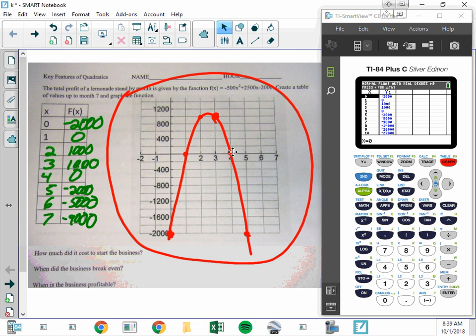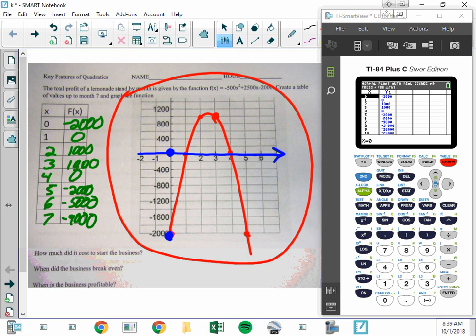Okay. And you can see that if this is time going in this direction, then y equals 0 is right now. And we go down, and at x equals 0, the y value is negative 2,000.